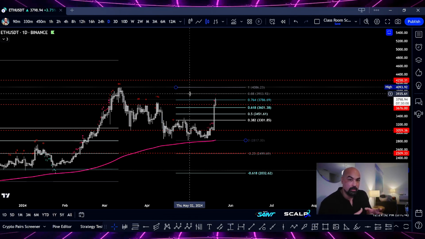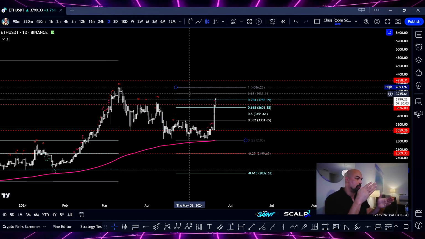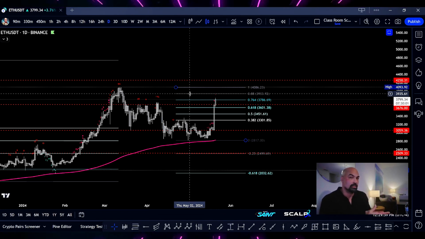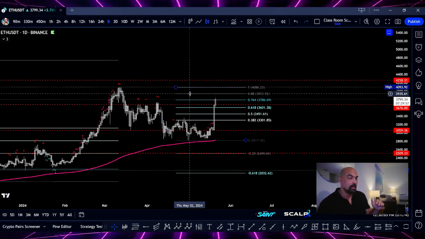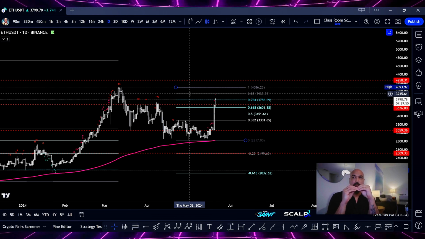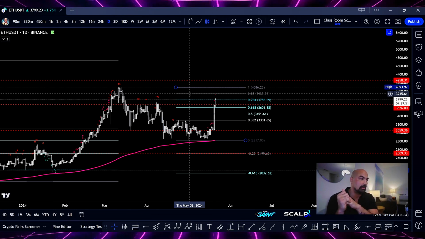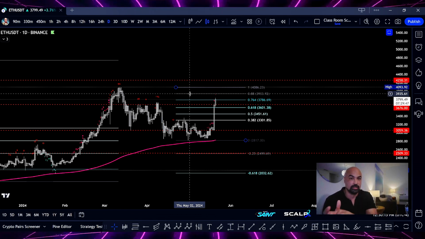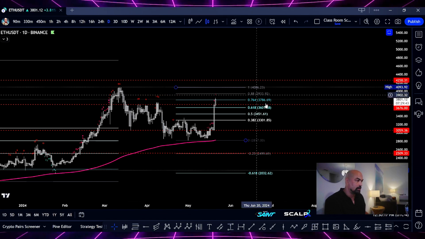Things that are in common to your thesis. So if I have a 0.88 level and I'm measuring resistance and I also have a sell side liquidity pool in that area, then those are two things that work in my favor that say, okay, there's some resistance in that area. I think I'm going to go ahead and short in that area, if you will, which I adjusted some of my shorts for that area.